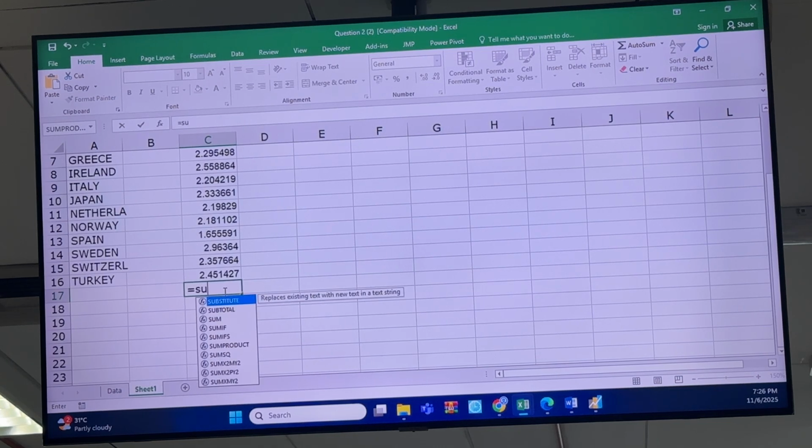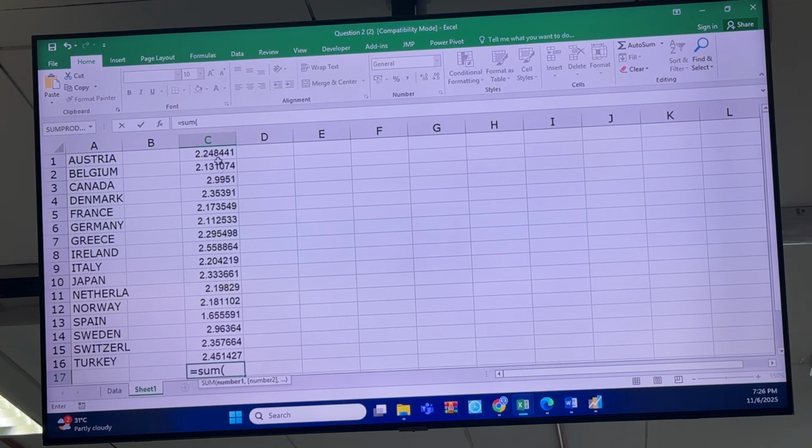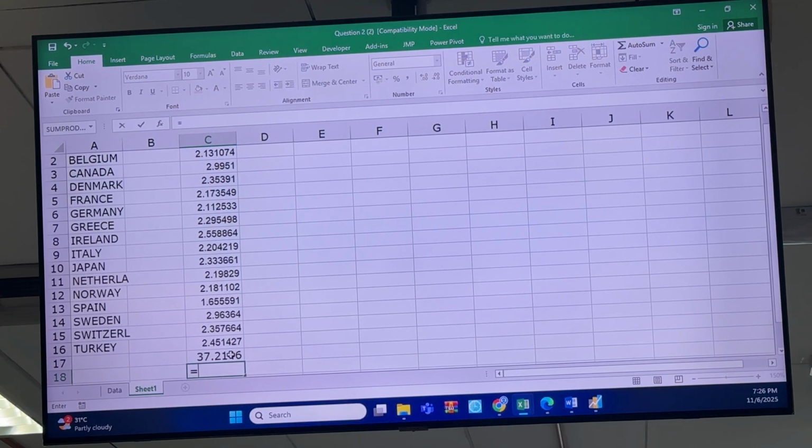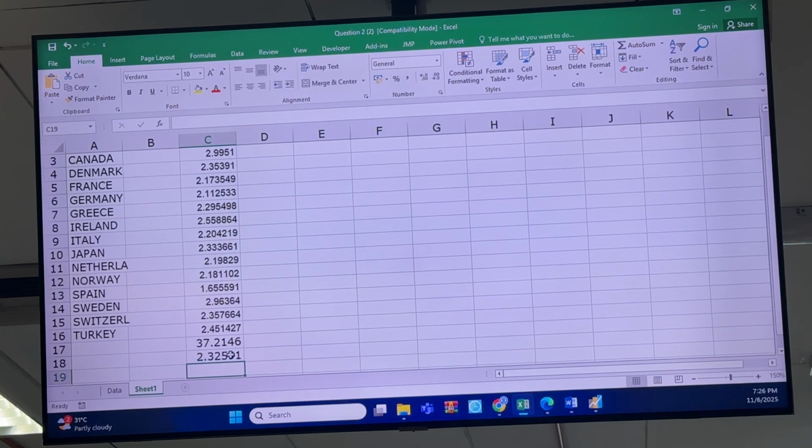Equals to summation, right? Add all these things together equals to C17 divided by 16.